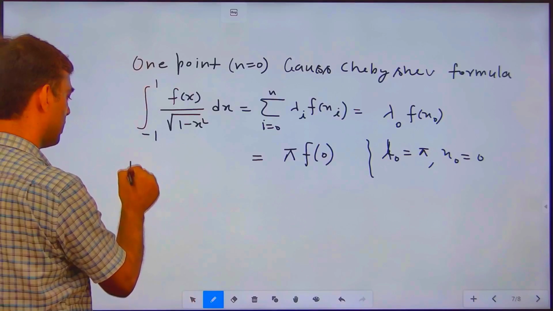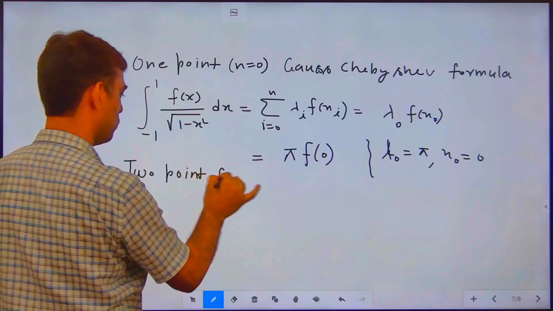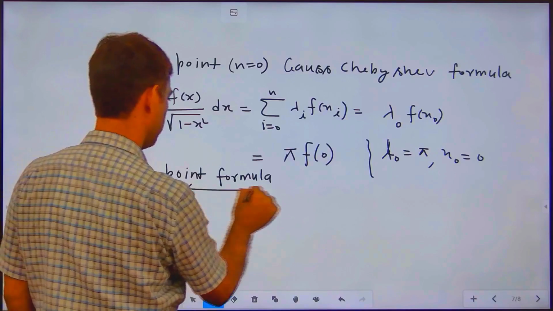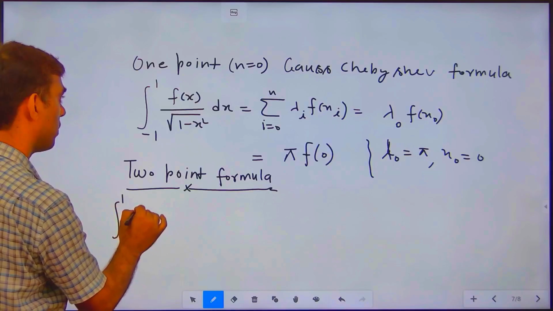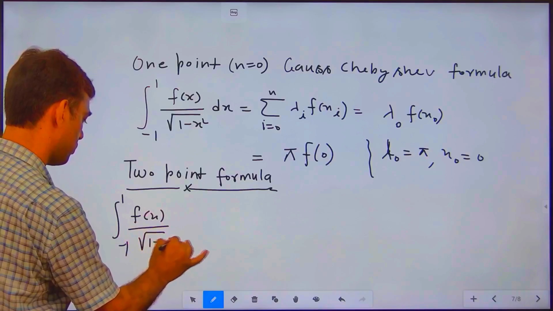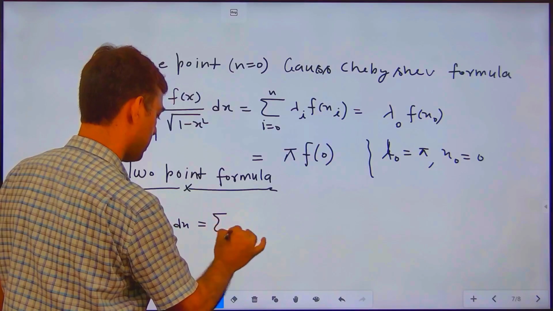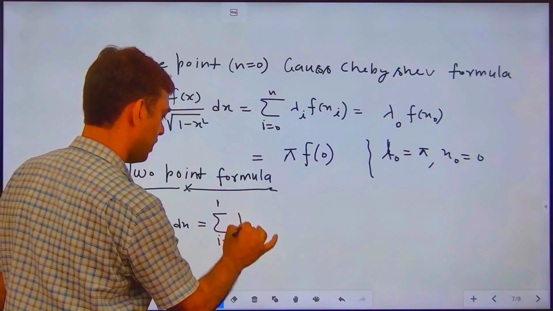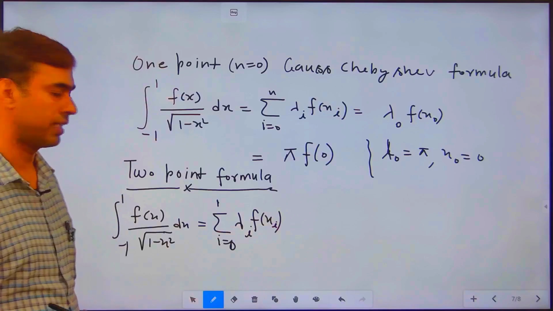Similarly, the 2 point formula: the integral from minus 1 to 1 of f(x) upon under root 1 minus x square dx equals the summation i equal to 0 to 1 of lambda i f of xi.